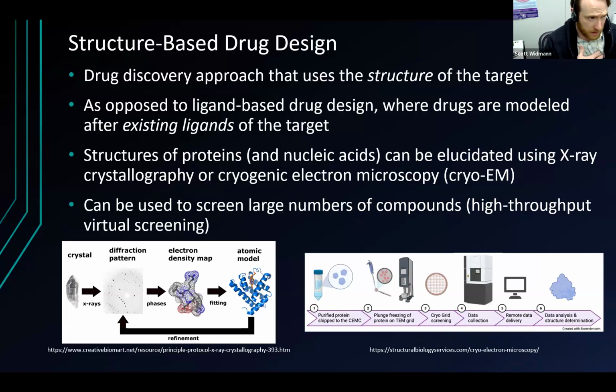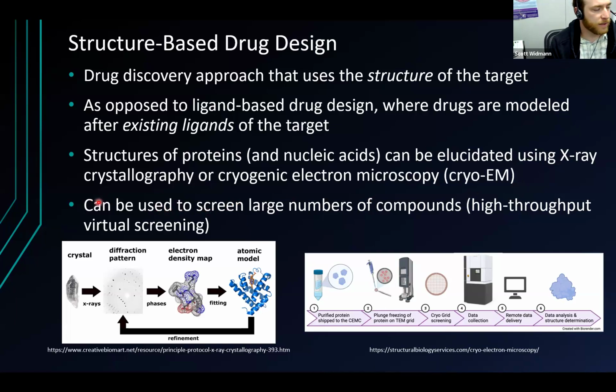There's also a newer method, cryogenic electron microscopy or cryo-EM. This is gaining ground. The technology is improving, and it's becoming more popular, and it's better at getting larger structures where you have maybe many different proteins interacting together.